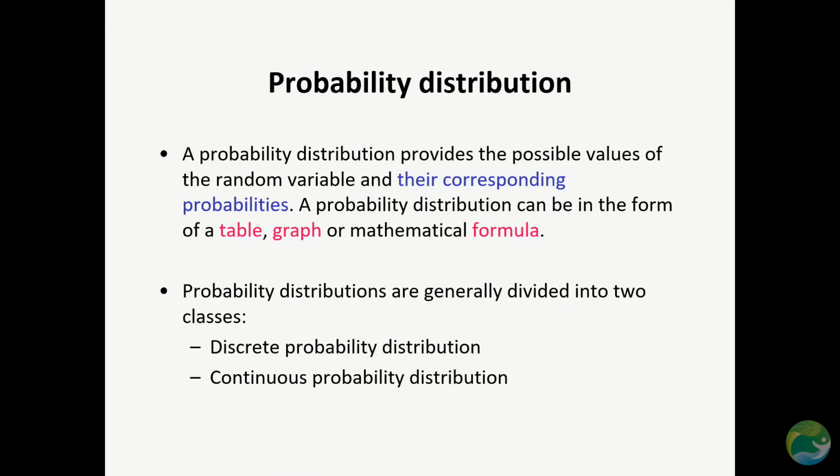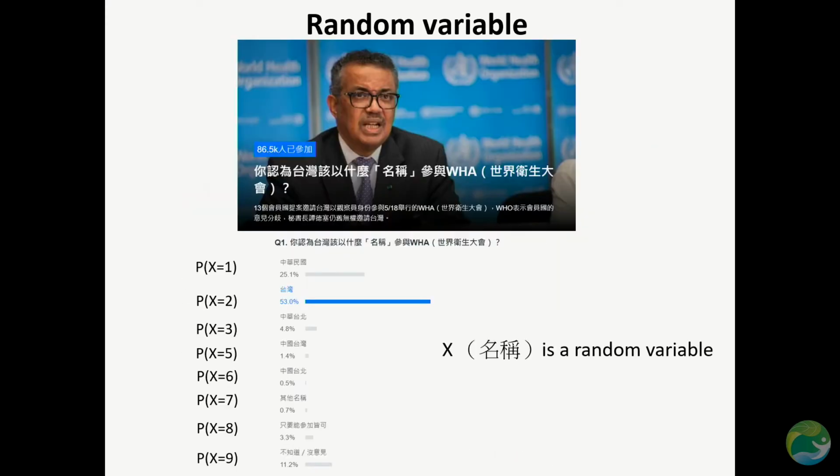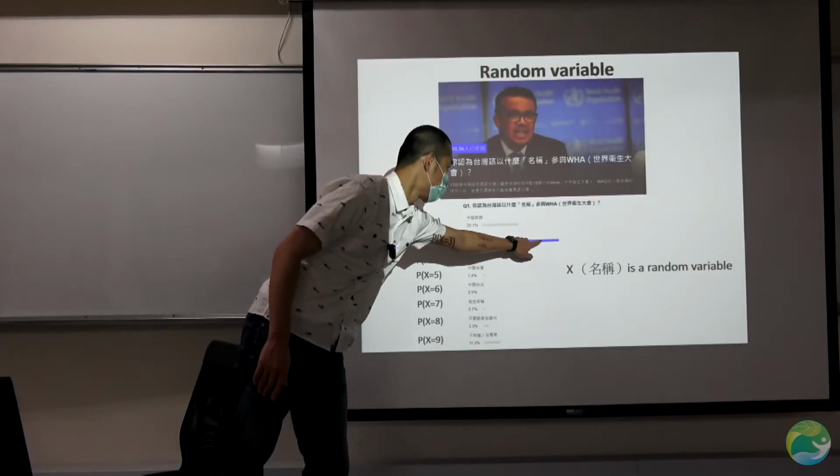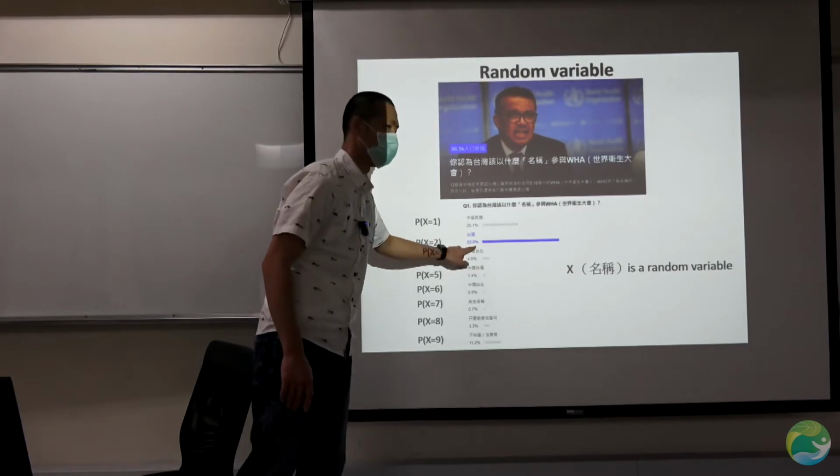A probability distribution provides the possible values of the random variable and their corresponding probabilities. So in that WHA case, the probability distribution can be described by a graph, a table, or a formula. Here it is described by a graph, where a higher bar means a higher probability.